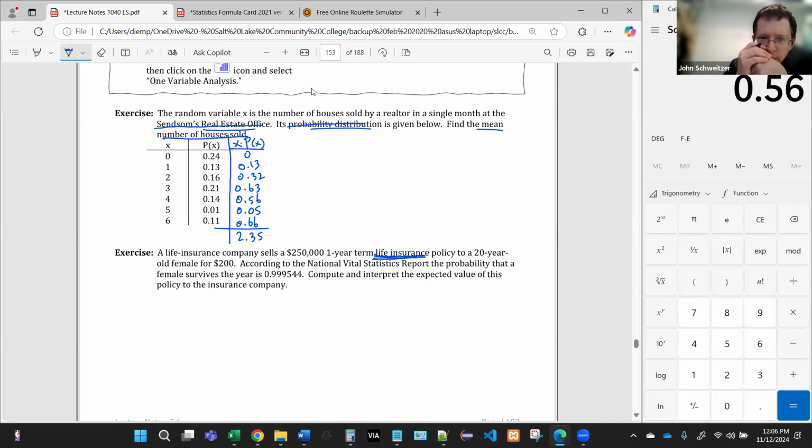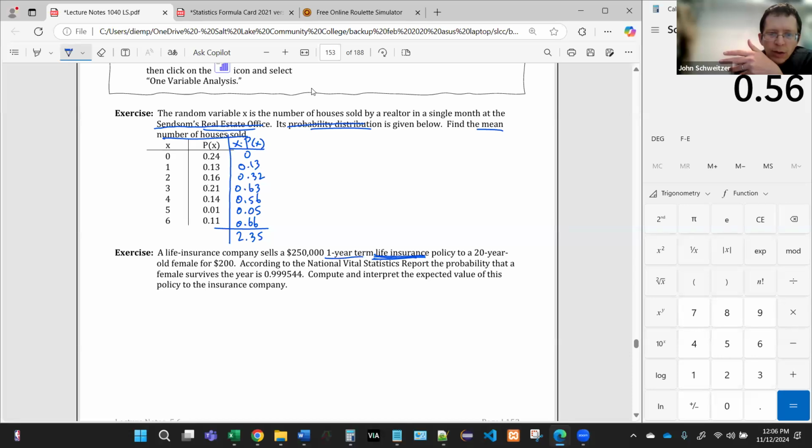But yeah, let's switch over to life insurance here, which is kind of like another kind of gambling. Maybe it's a little bit more admirable than roulette, but when you buy life insurance, it's a gamble. You don't really know if you're going to need it for that year.